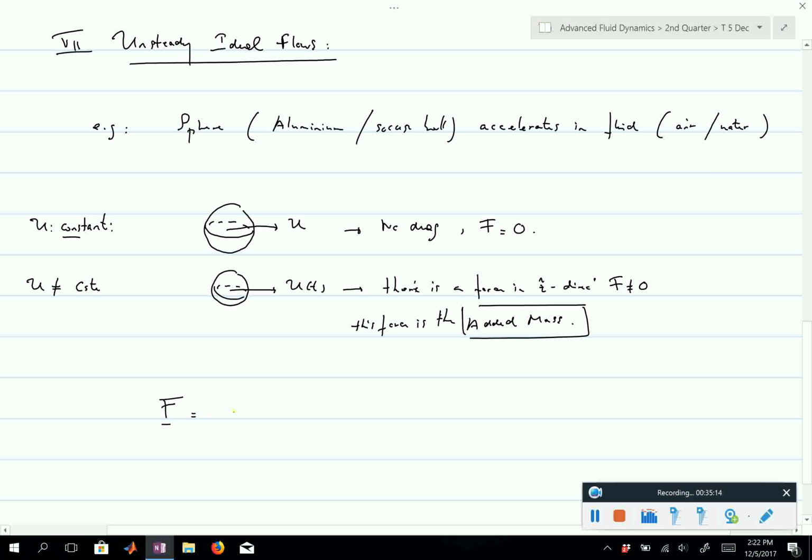So that force would be the integral over the surface of the sphere of what? Yeah, the pressure due to the flow in general. It could be unsteady or not steady, but so minus P times N dS. Yeah? Do we agree on that?